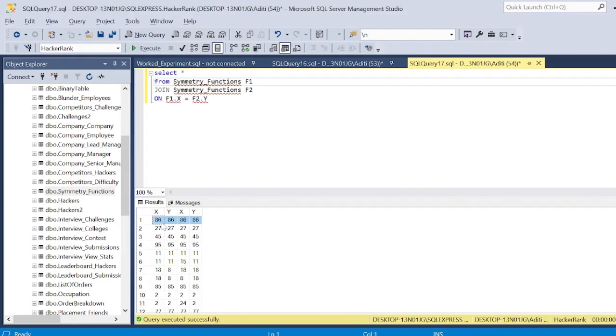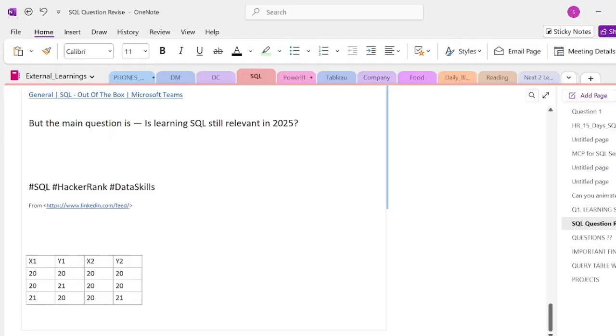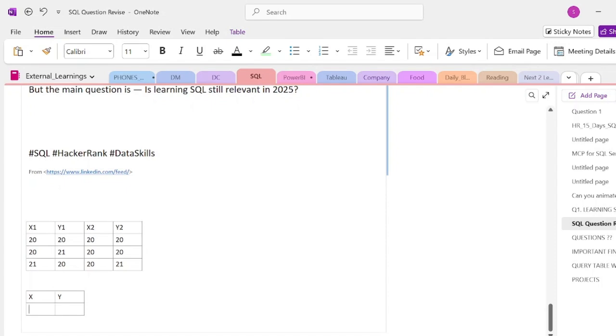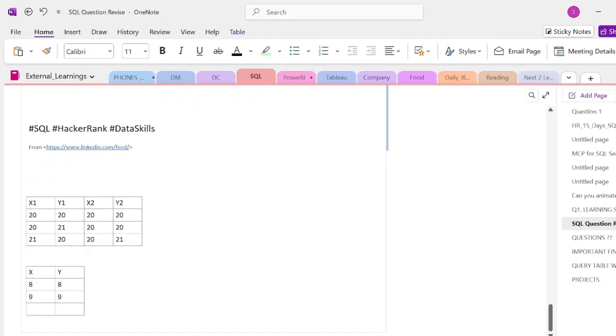Similarly, if my table consists of 8 and 8, and 9 and 9, and you join x with y, then since the x of this will be joining with the y of this, it will generate a single record 8, 8, 8 and 8.